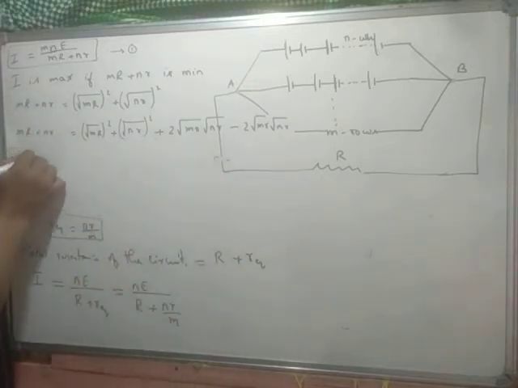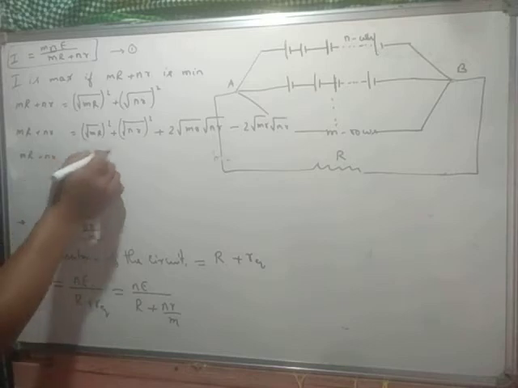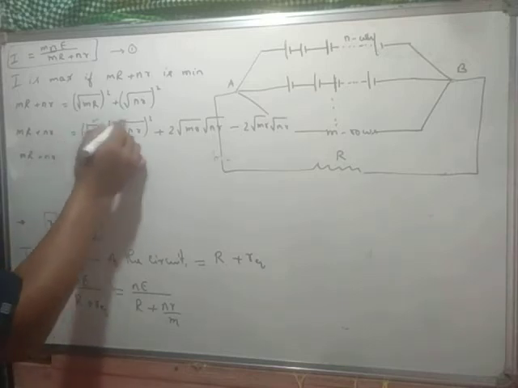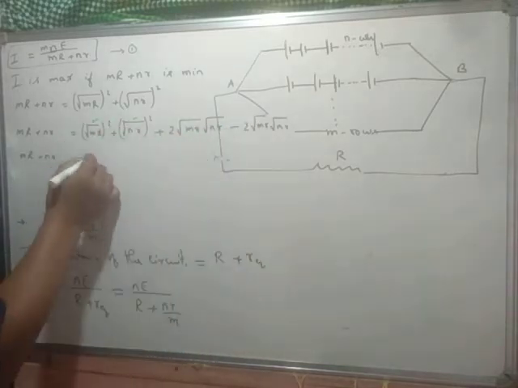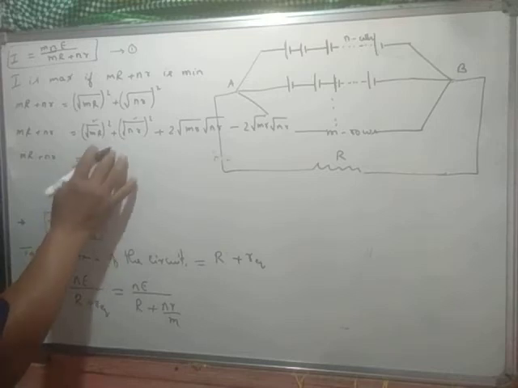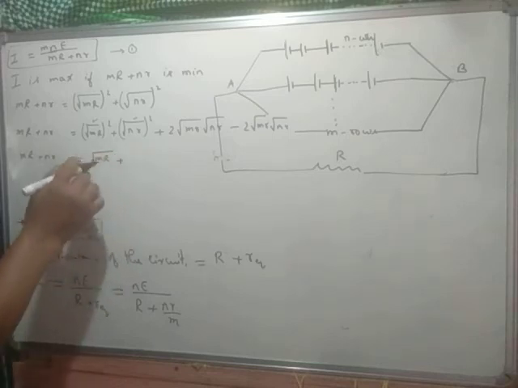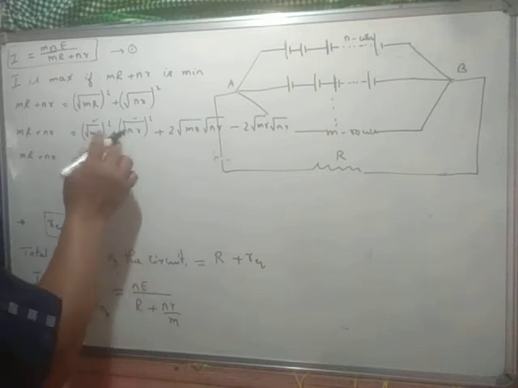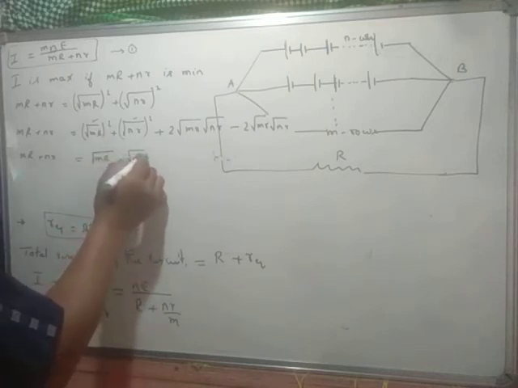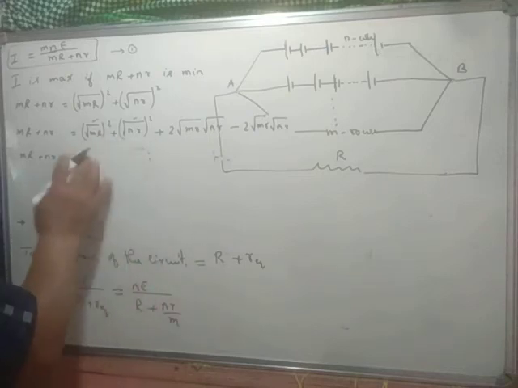Or MR plus NR is equal to root MR square plus root NR square.